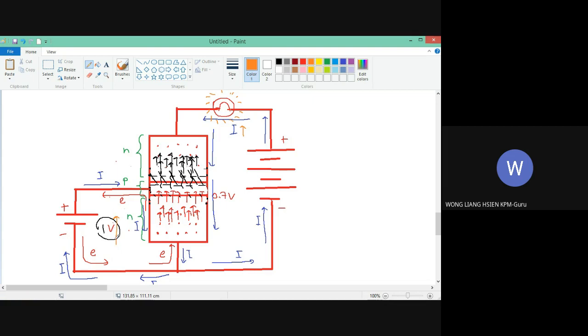And the greater the voltage here, the greater the amount of charge carriers that pass through, so the greater the current. The greater the current, the lower the resistance. That means the resistance of the transistor goes down.